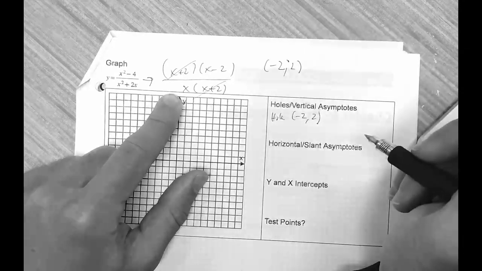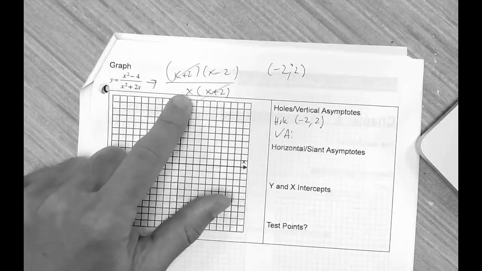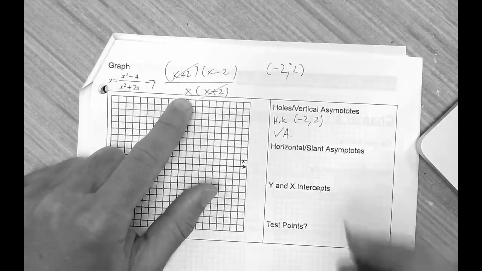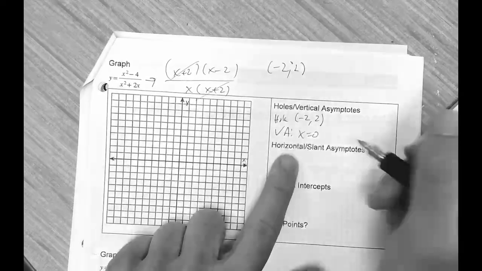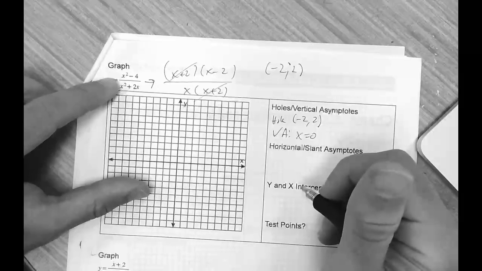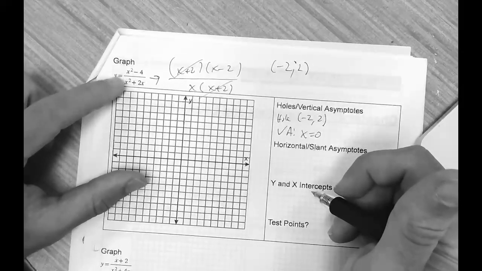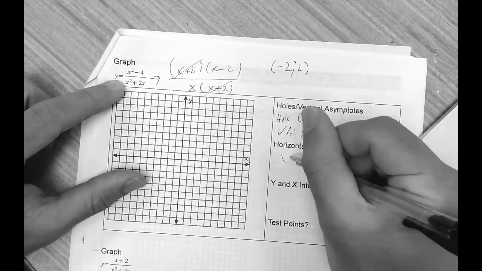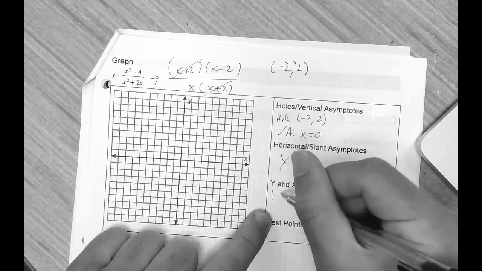The vertical asymptote, again, is when a zero is only in the denominator. So the vertical asymptote is only at this x, so it's x equals 0. Do we have horizontal or slant? The degree top and bottom is the same, so that means you just take the ratio of their coefficients, which is just 1. So we have a horizontal asymptote at 1. Y-intercept, we're just going to do f of 0.